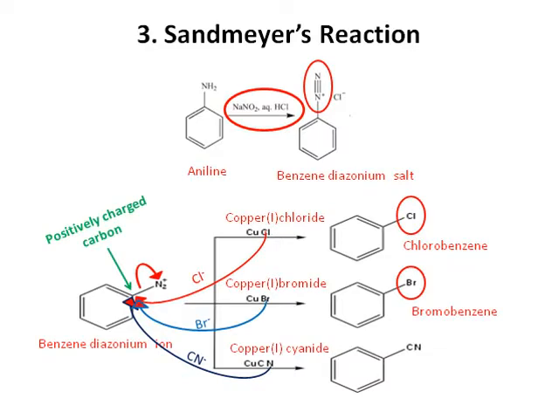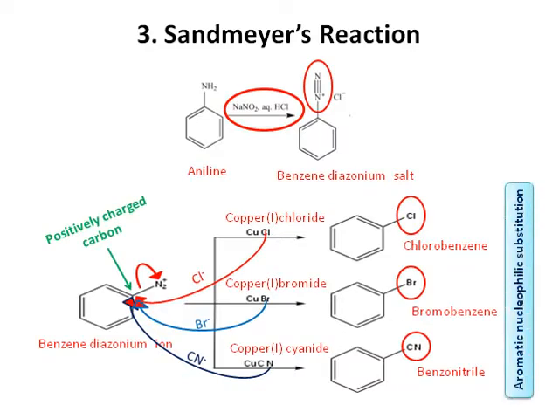So it can easily attack the positively charged carbon atom, and the electron pair will be shifted to the diazonium ion like this, and it will be eliminated as nitrogen molecule, and cyanide is bonded to the carbon atom of the benzene ring like this, and we get benzonitrile.